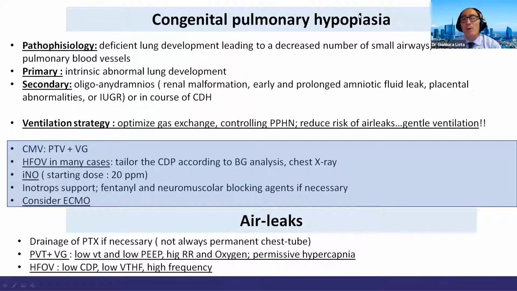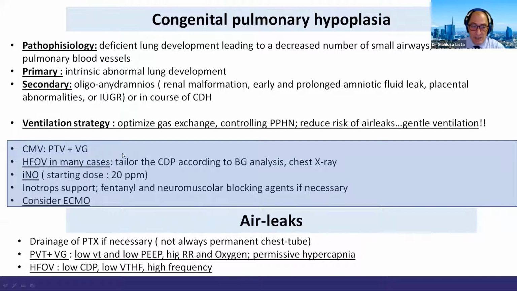For congenital pulmonary hypoplasia, you have to pay attention in order to reduce the risk of pneumothorax. So in these cases, since HFOV could be lung protective, in some cases much more than conventional mechanical ventilation, HFOV could be suggested.